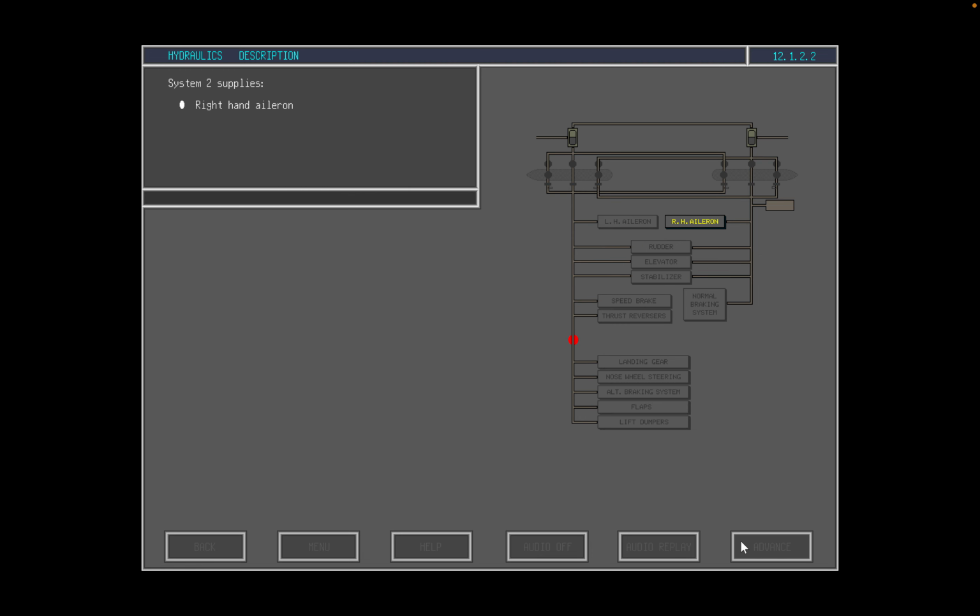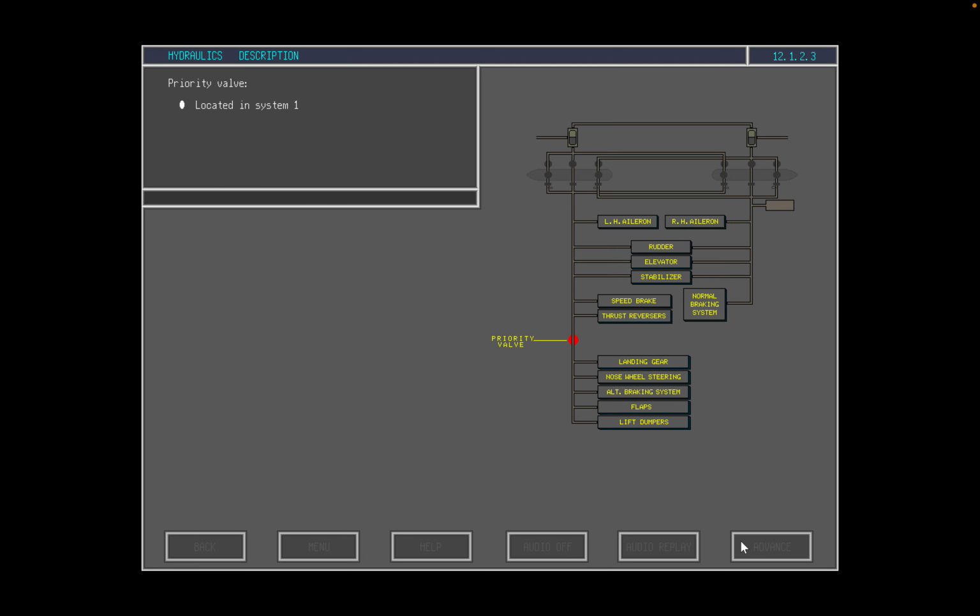System 2 supplies hydraulic power to the right-hand aileron, rudder, elevator, stabilizer, and the normal braking system. Hydraulic fluid pressurized to 3000 psi provides hydraulic power to actuate the subsystem consumers.